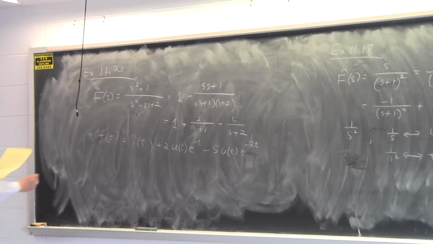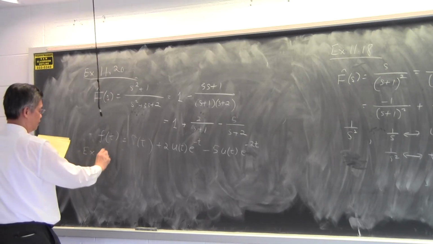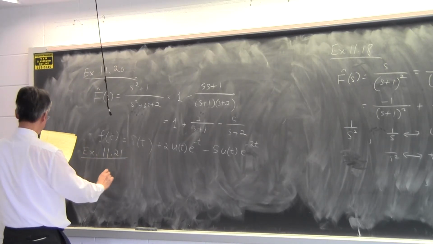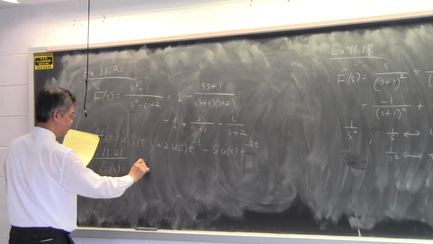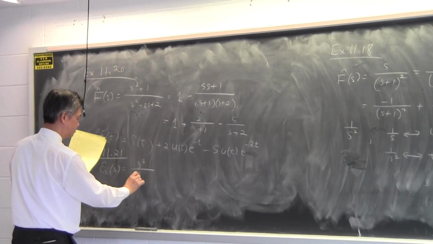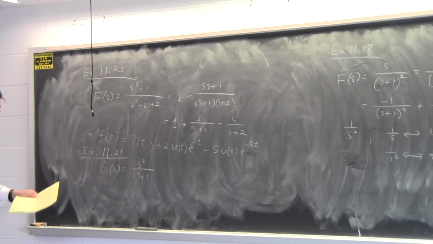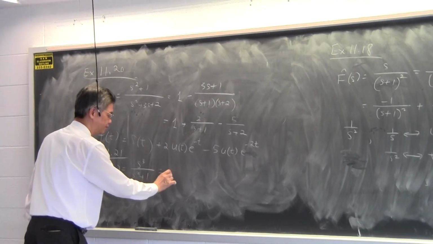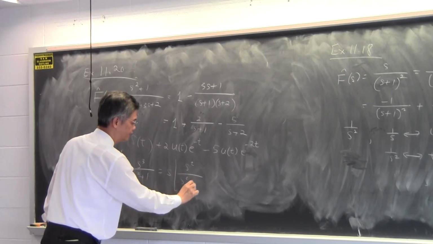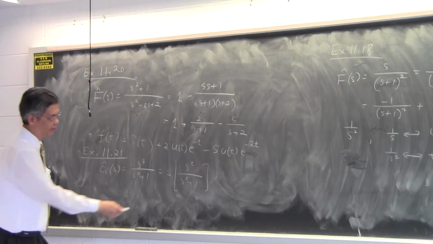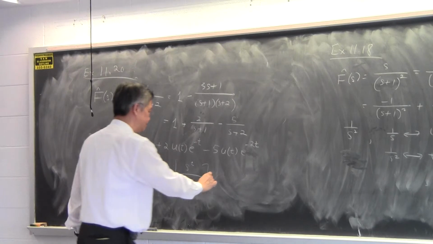And then I have example 11.21 where g hat of s is equal to s cubed over s squared plus 1. Again, I can do this using two tricks. I can take the s outside and have s squared over s squared plus 1. And then I try to find the Laplace inverse transform of this.